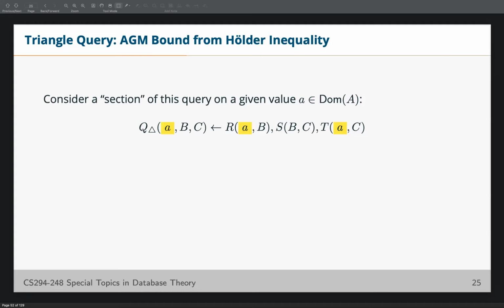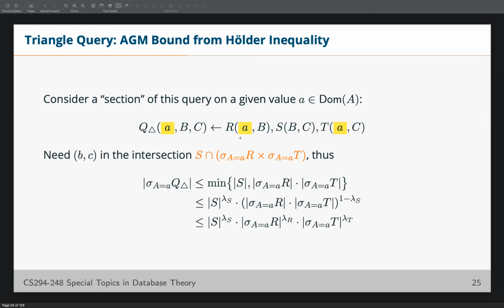Here I'm going to do a little bit of reasoning with the query itself. This is a triangle query, right? Suppose that I fix a slice of this query, just one particular value A for now. It's like a selection on the query. I'm going to try to bound the size of this for a given A first, and then when you sum over all A's, you get the bound for the entire query.